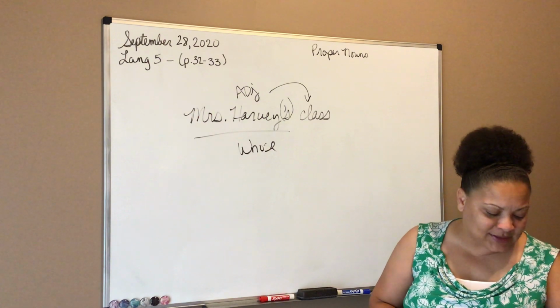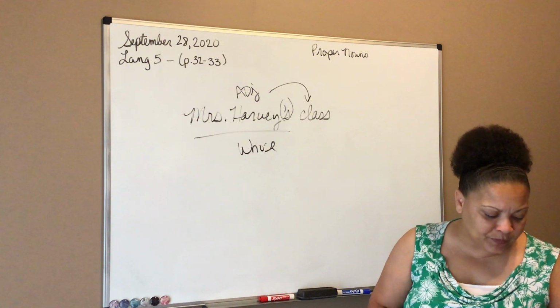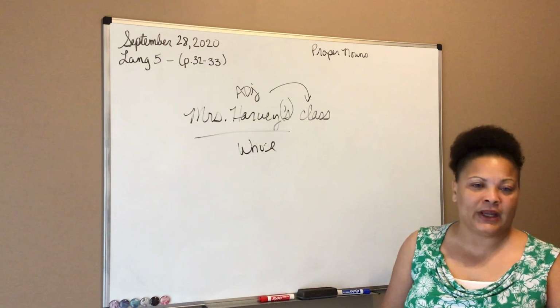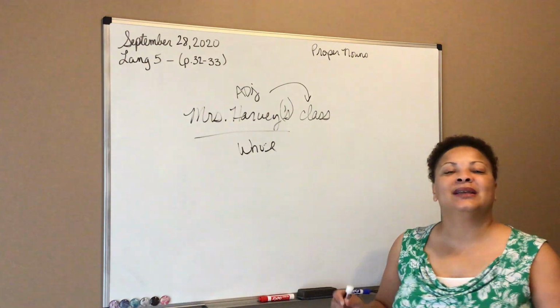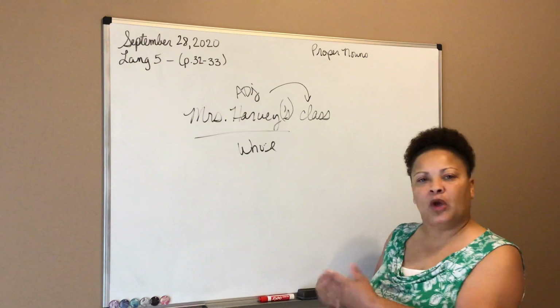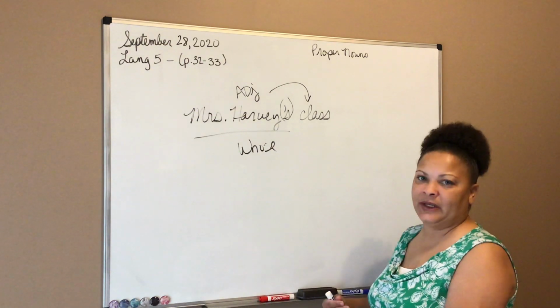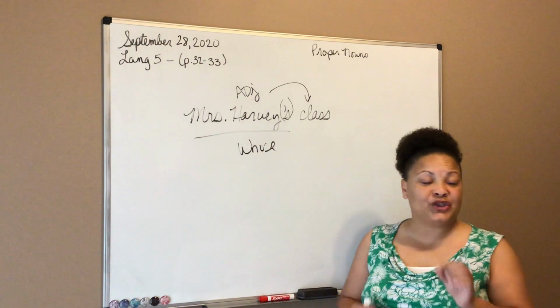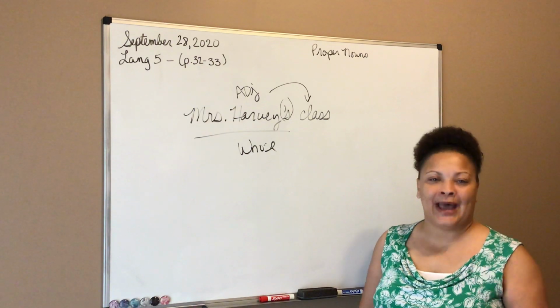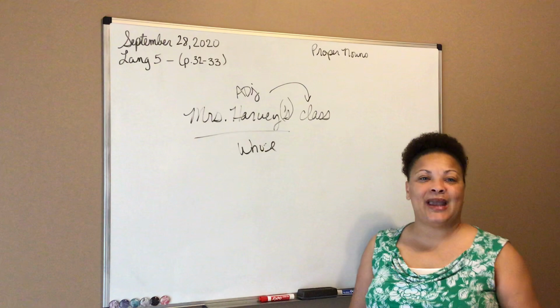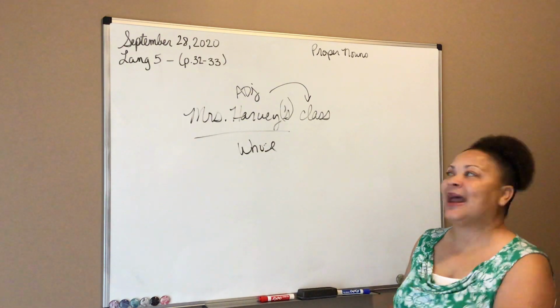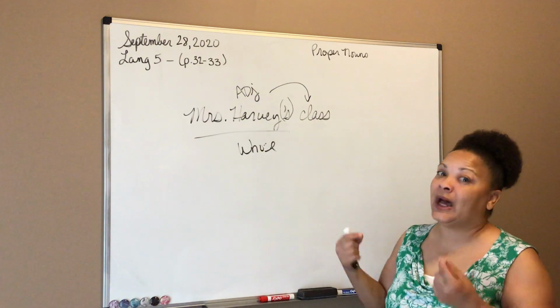So in Look Close, it says, my sister's friend will visit on Saturday. So sister's has an apostrophe S on it. It says that the friend belongs to the sister. It's the sister's friend, right? So sister's is not a noun. It is an adjective. Okay, so do not mistake nouns that have an apostrophe S. They are not nouns.